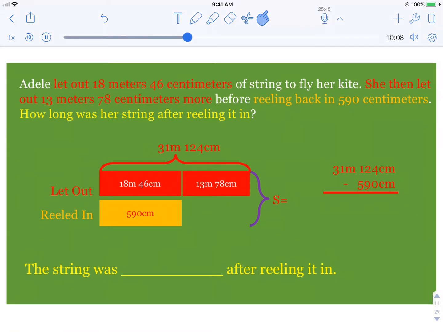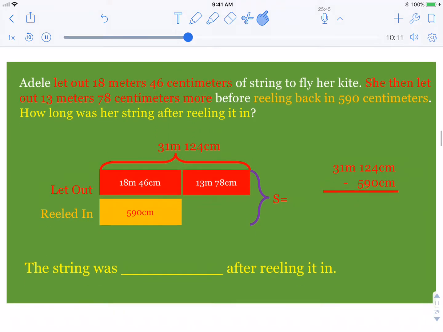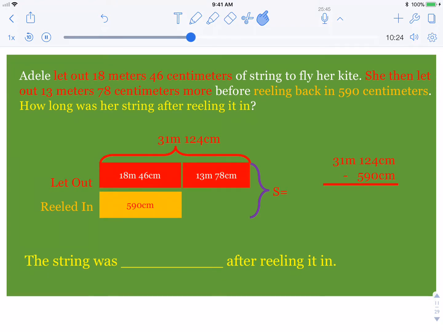So let's look down at the next slide. So we have 31 meters, 124 centimeters minus 590 centimeters. So how am I going to do that? I could just subtract like this, or what might be easier?